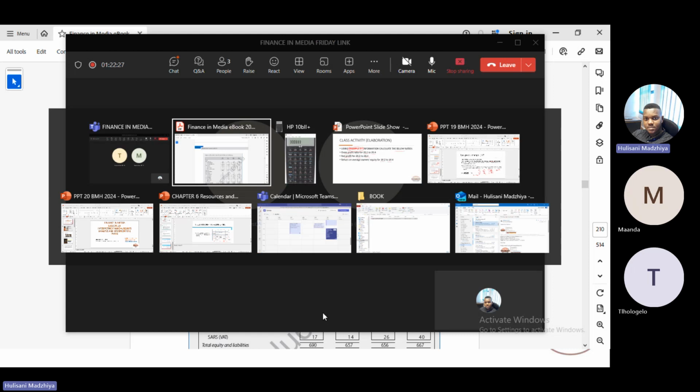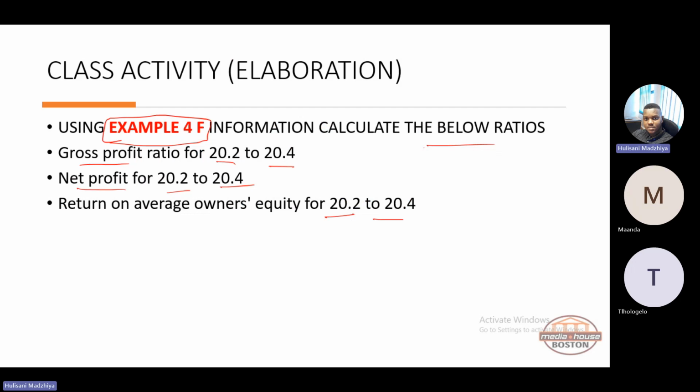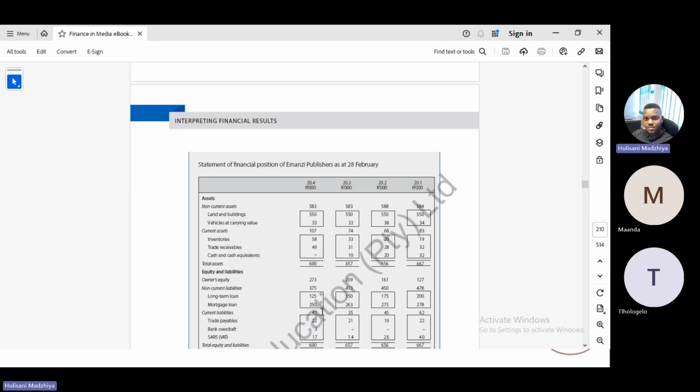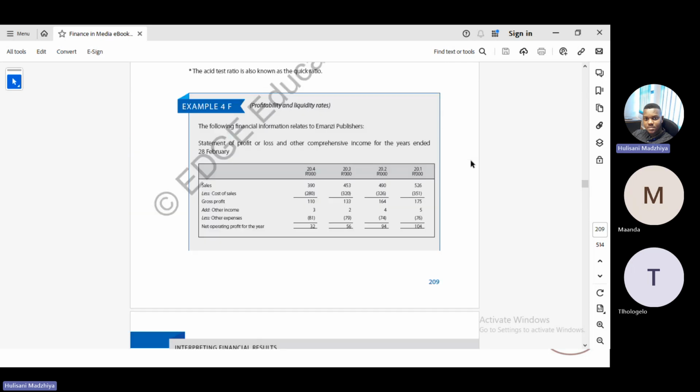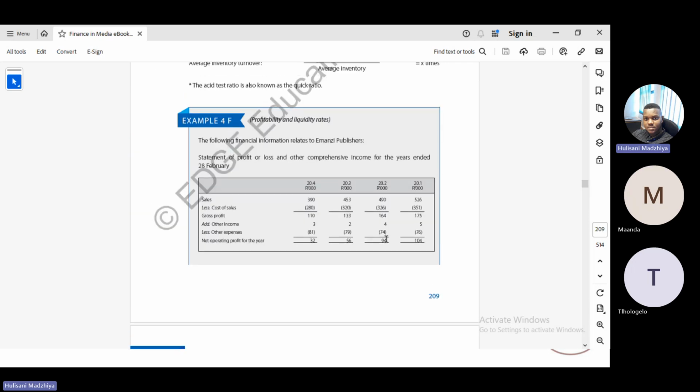So this then brings us to, what is our second one? Net profit. So net profit also does not require us to go outside of the income statement. We use the income statement as well. So we come to our net profit over here, which is 94,000 for 2.2, and then we compare it to the sales of 490.